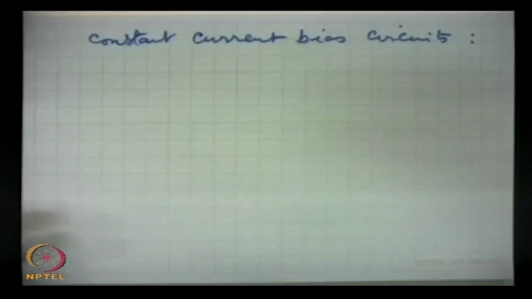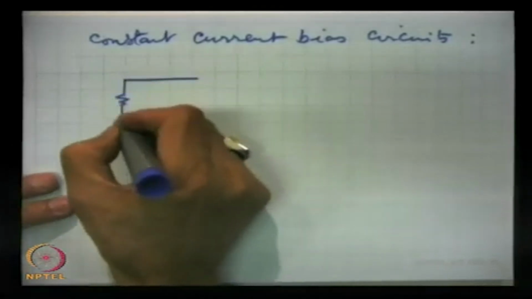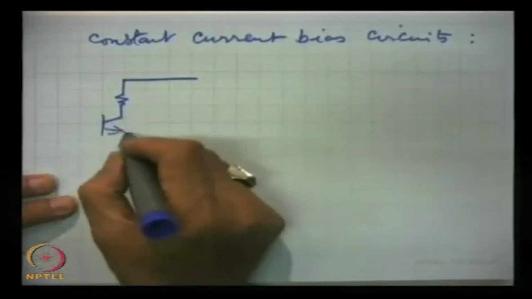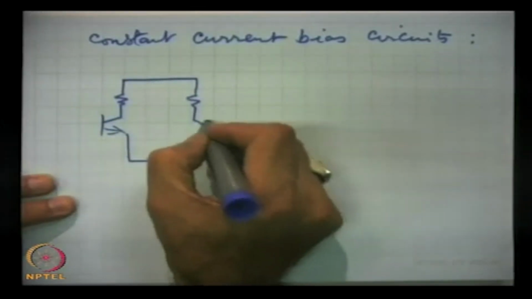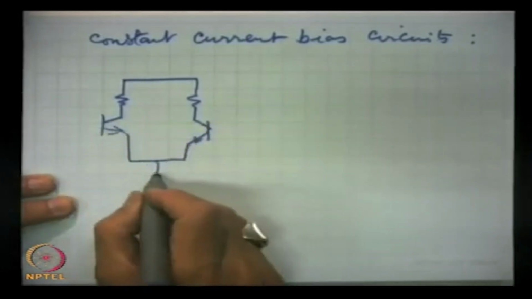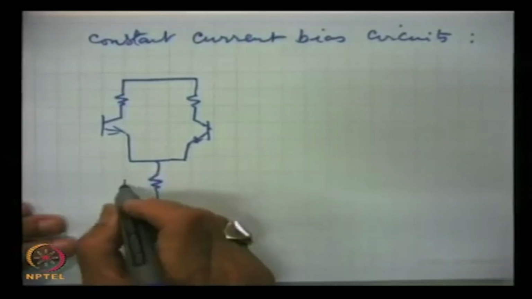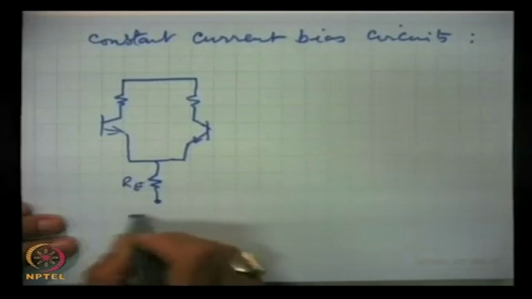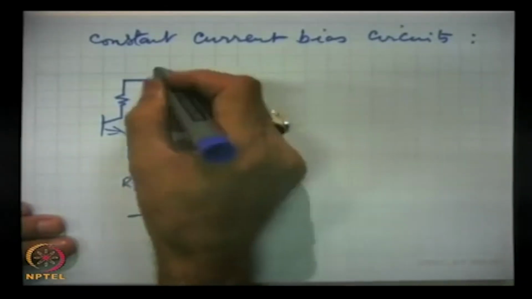In the conventional design, which we have taken as the basic differential amplifier, this resistance Re and this voltage form the constant current.